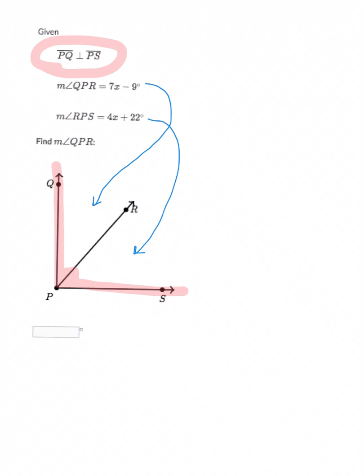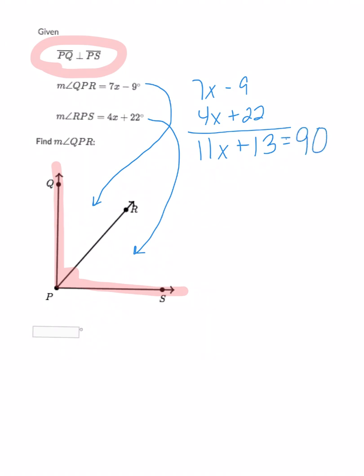So I'm going to add those together, 7x minus 9 and 4x plus 22. I'm going to add them together. I get 11x plus 13 equals 90. And then I'm going to solve that. We'll start out by subtracting 13.